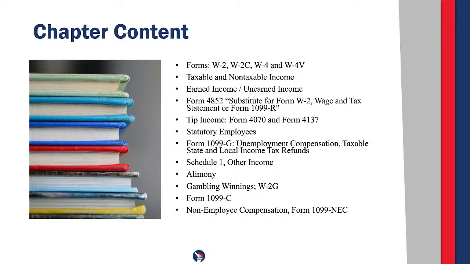We're going to talk about the Form 4852, which is a substitute W-2 or a substitute 1099-R. Again, we're going to talk a little bit about tip income in the Form 4070 and the 4137. I'll mention what a statutory employee is and some of the benefits that go along with being a statutory employee.